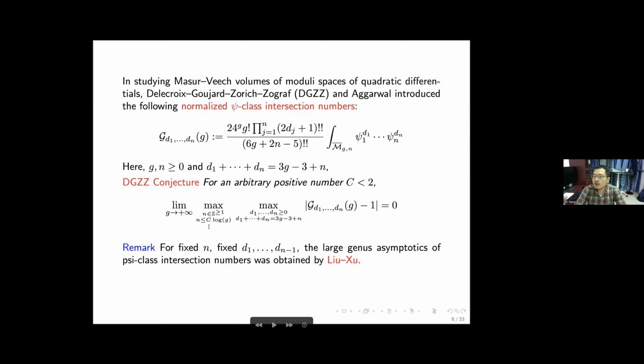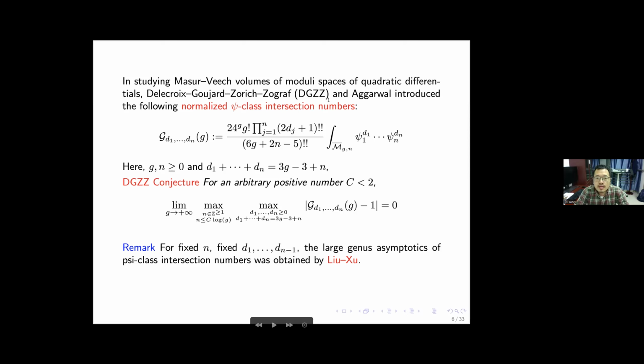The uniformity is mainly on this number n, or on the sum of these d_i's. What I'm saying is that for the original psi-class intersection numbers, they already have uniformity for fixed n but arbitrary d_1 to d_{n-1}. But only after one makes this proper normalization can we make it more uniform.